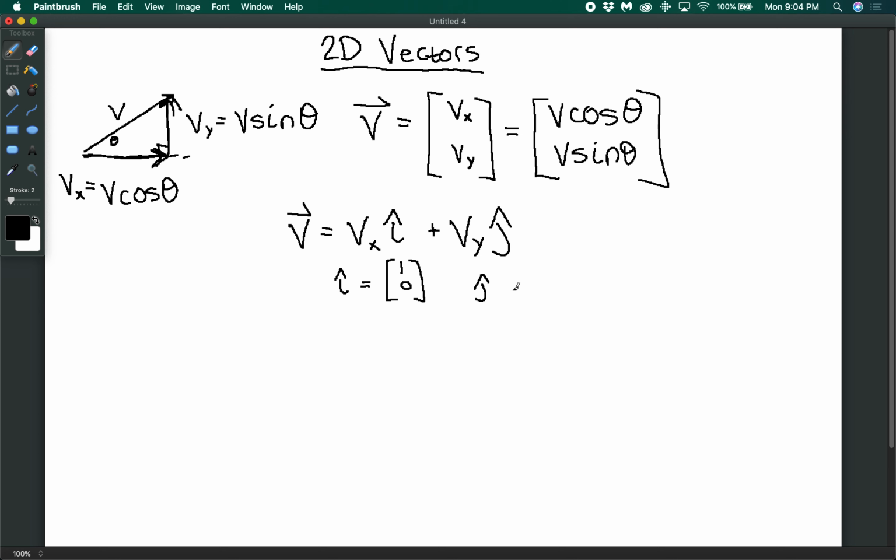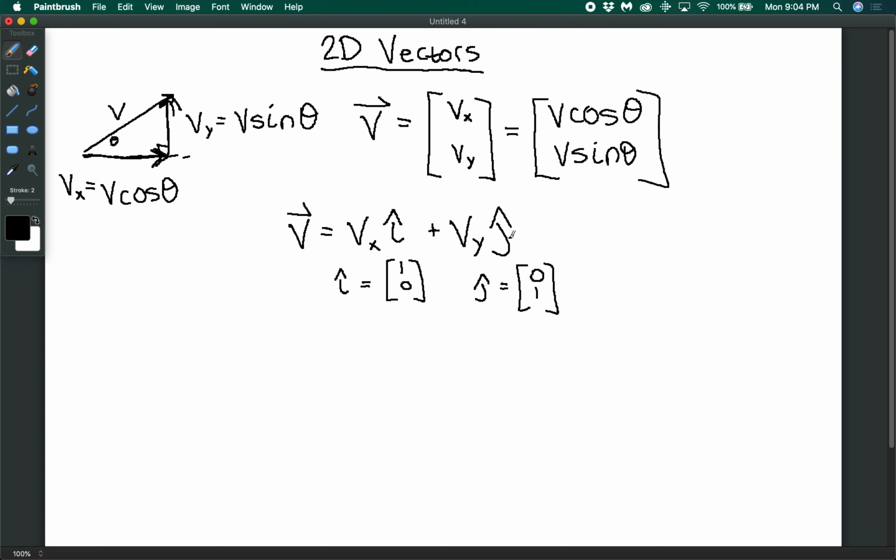J hat points entirely in the y direction, so 0, 1. If I multiply a vector by a scalar, say I put a 2 here and multiply 2 times this, it's going to generate the vector 2, 0. Same kind of property as we did with matrices earlier in the year.